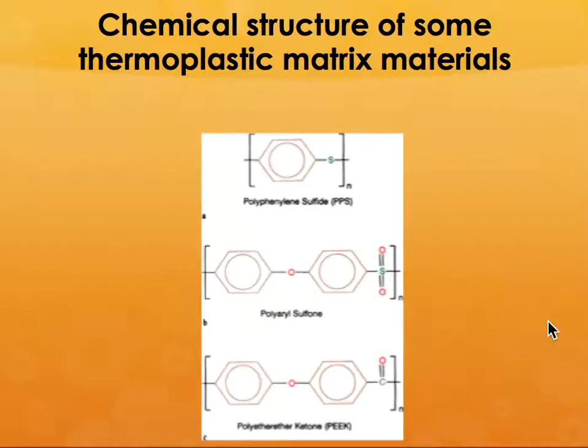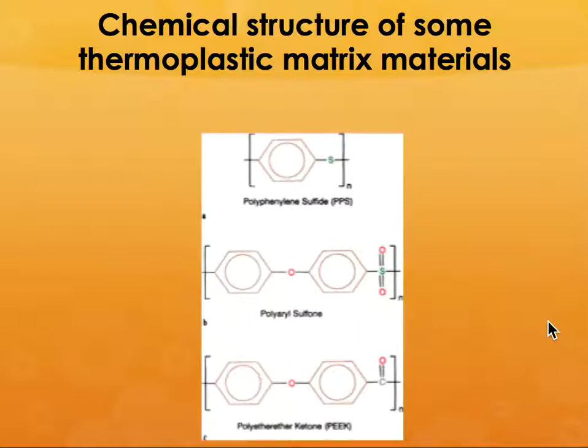Going further, these are the structures of some common thermoplastic matrix materials of thermoplastic composites. The first one is polyphenylene sulfide, or PPS.